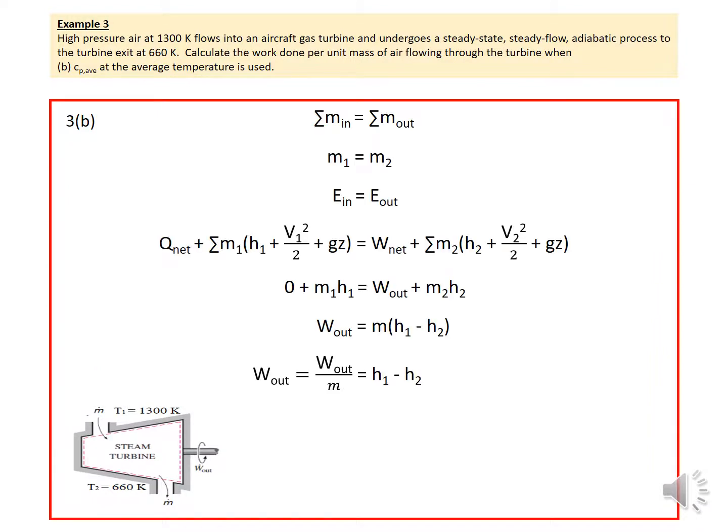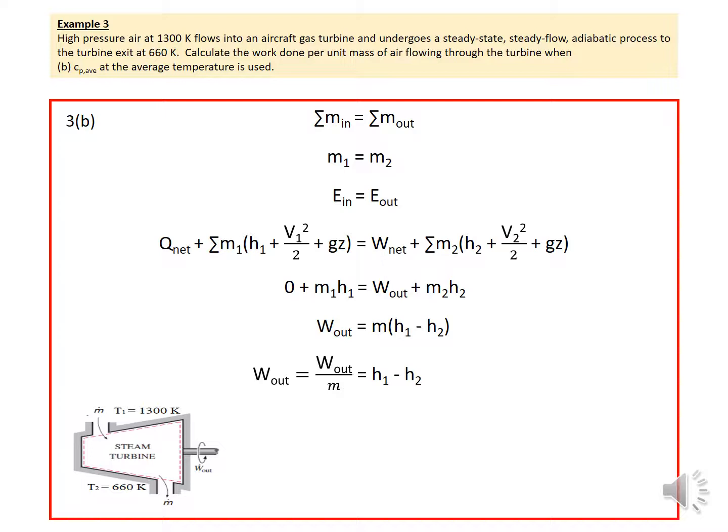3B, apply the equation of summation of M in equals summation of M out, M1 equals M2, E in equals E out. Q net plus summation of M1 (H1 plus V1 squared over 2 plus GZ) equals W net plus summation of M2 (H2 plus V2 squared over 2 plus GZ).